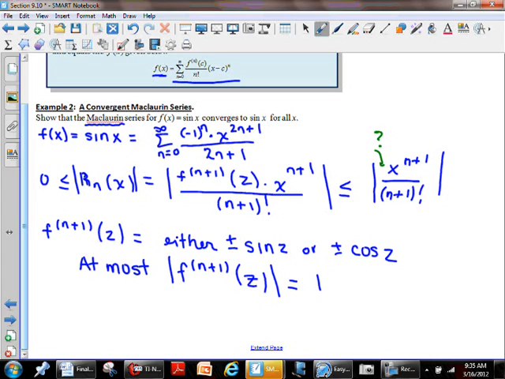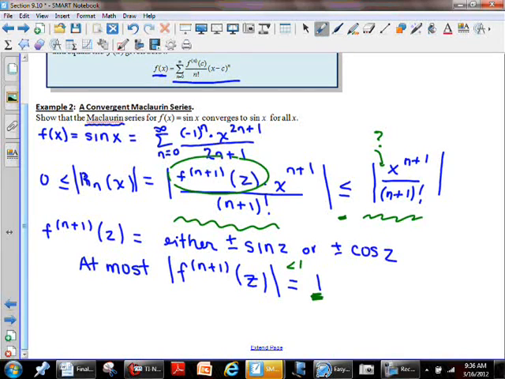Well, why did I do that? Well, because I'm saying that this expression has to be less than or equal to this expression for whatever value that f of n plus 1 derivative is going to take, all right? Even if that f of n plus 1 derivative is exactly 1, well, we could say that we're equivalent. But if that f of n plus 1 derivative, let's say it was less than 1, which it very likely might be, then we can definitely say that the less than would be true.